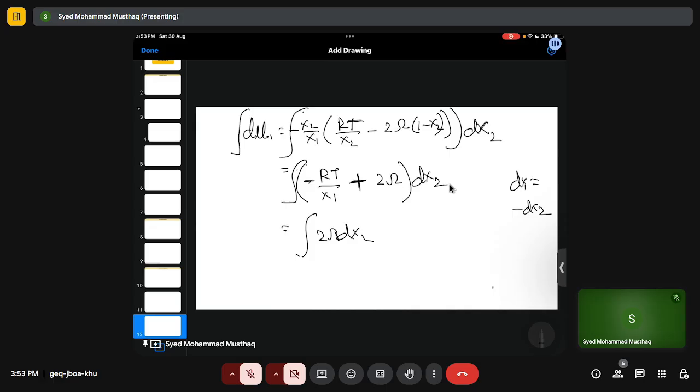So dx2 equals minus dx1, right? If I do the minus multiplication, then this will again become plus, right? So this minus will become plus. So it will be RT upon x1 dx1 minus 2 mu dx1. This is this guy.